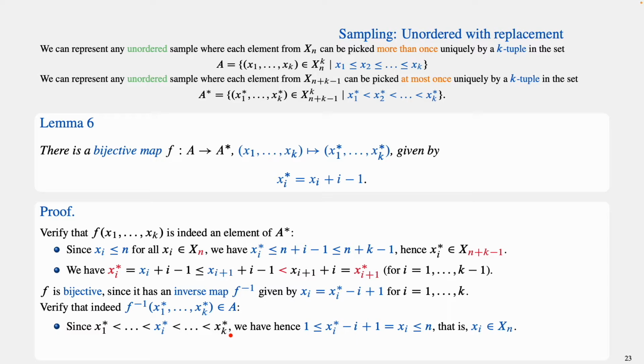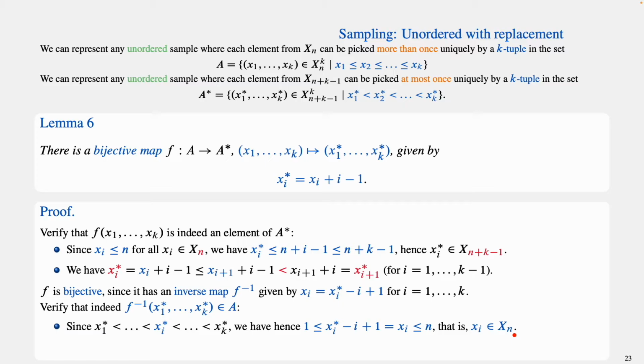So that means xi star is less or equal to n plus k minus 1 minus k minus I. And if I subtract minus I plus 1 from that, then I get that it's actually less or equal to n. And so we've shown that the components xi in the image of f to the minus 1 are indeed between 1 and n, so they're all contained in the set xn.